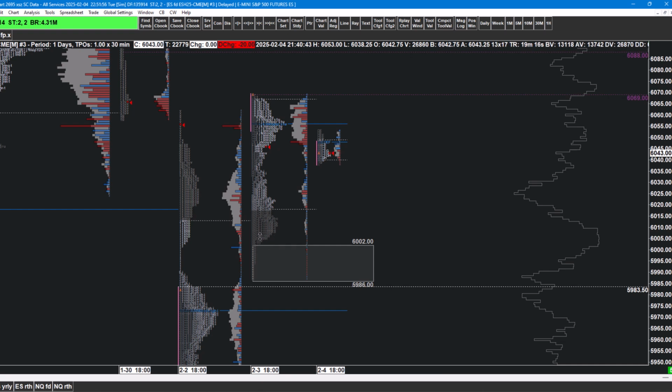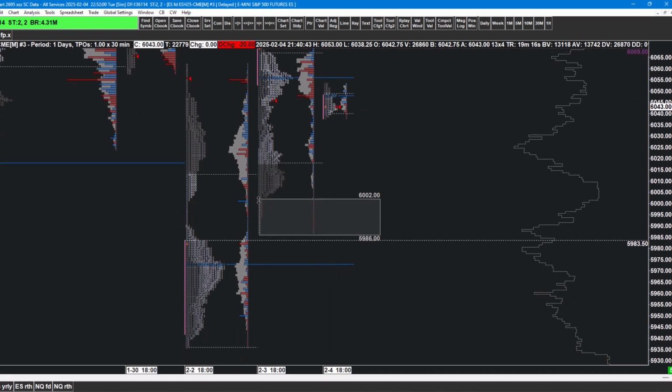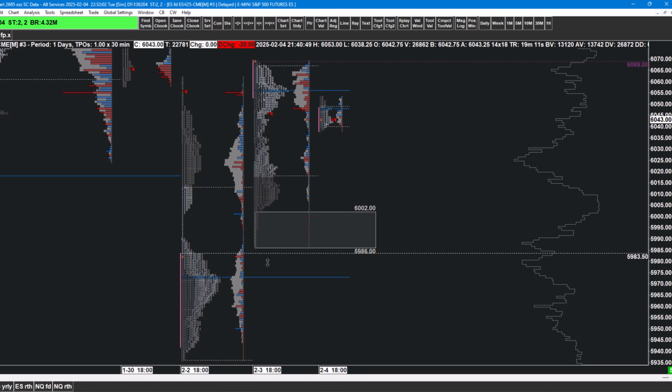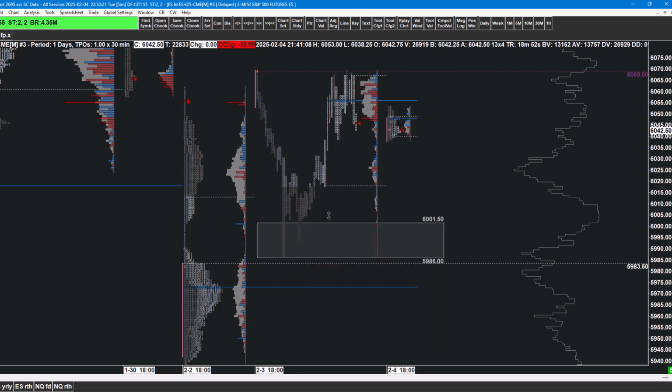So here at the ends of the profile, we have access. People call it spike base, access, buying tail, selling tail. This is a buying tail, or access, and essentially it's two or one periods at the bottom of the profile.